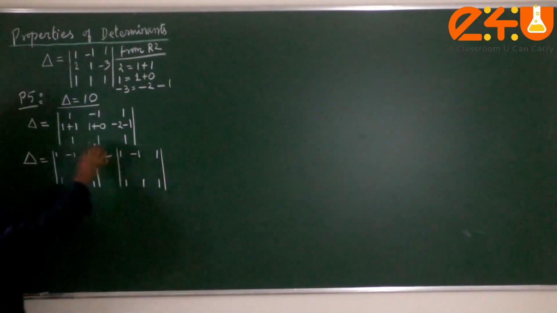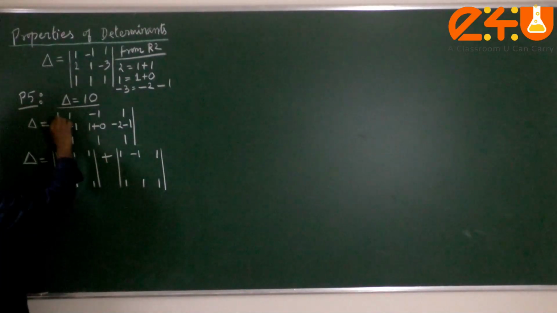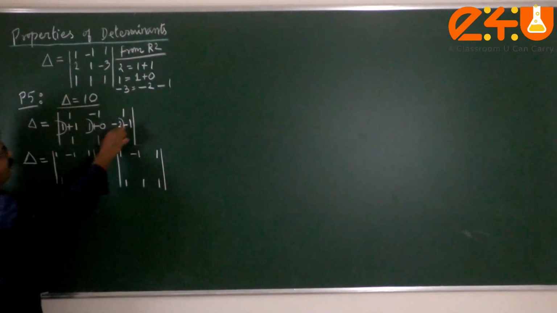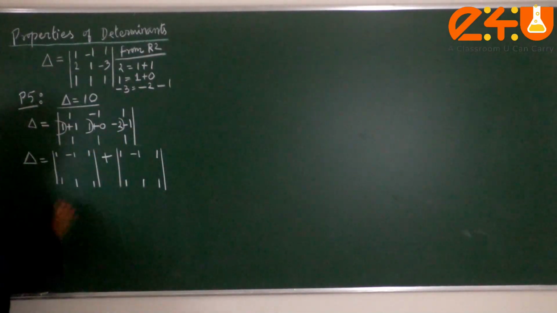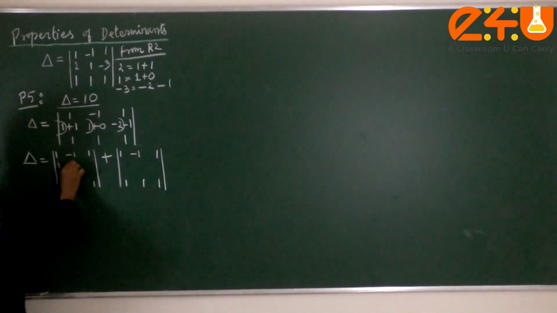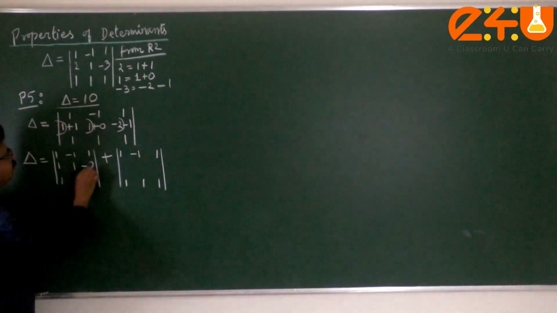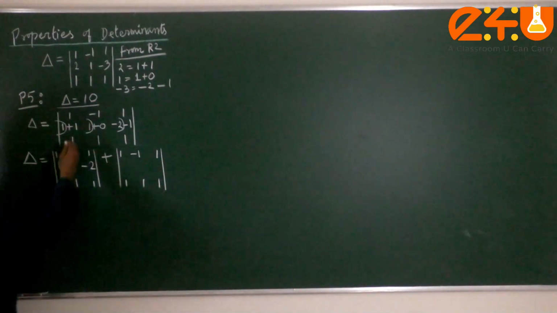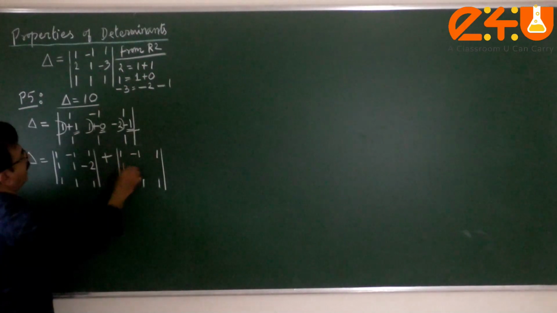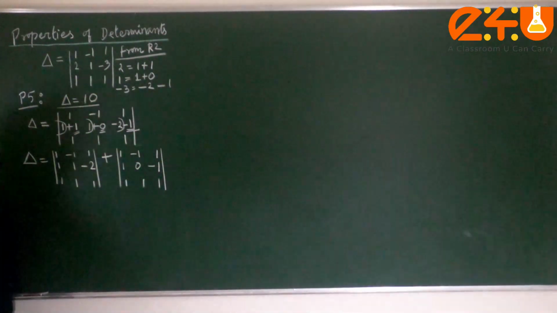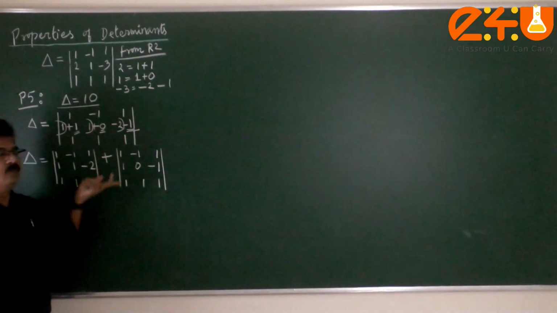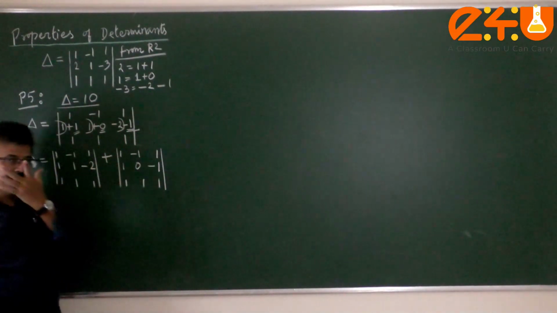Second row, yes, of course, all the first elements which are 1, 1 and minus 2, they will form part of first determinant, 1, 1, minus 2, followed by second elements, the 1 and 0 and negative 1. Am I right? 1 and 0 followed by minus 1. They will form part of the second determinant.